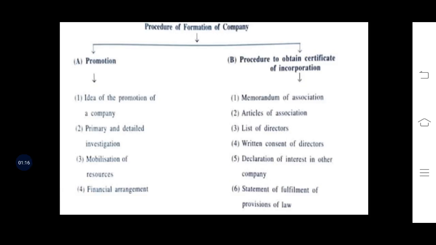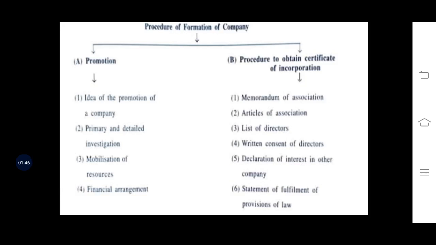And the fourth one is the financial arrangement: how much capital would be required for commencing the business, how they can procure that fund and how they can use it. All these questions which arise before starting the business come in the part of promotion.